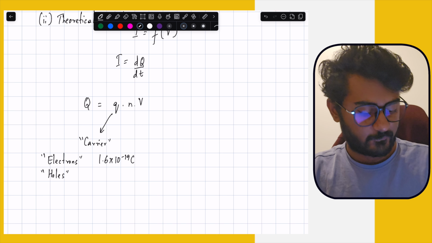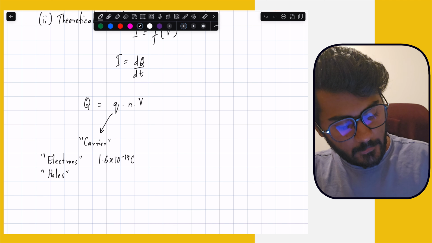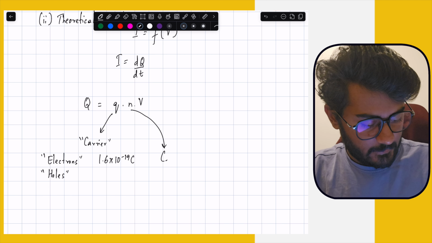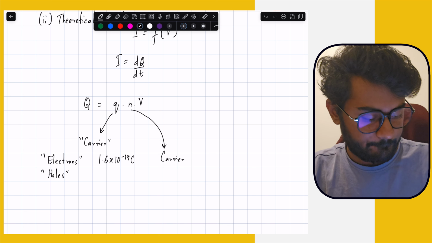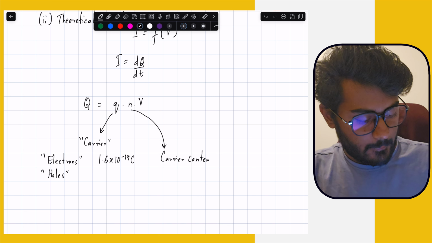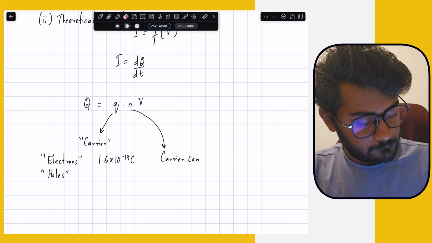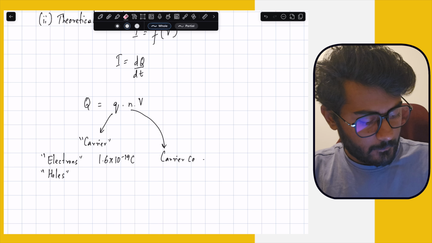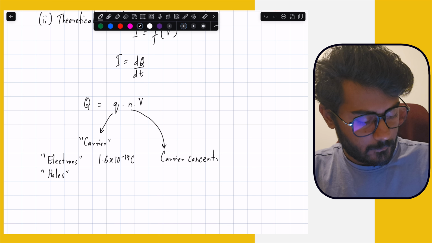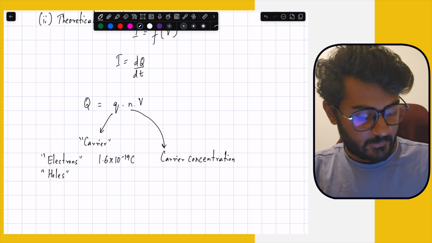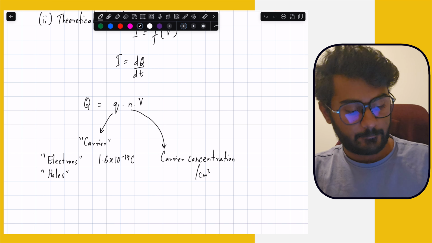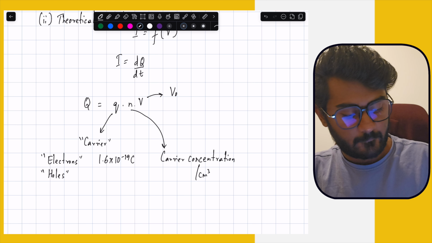That is the charge of your electron. N is your carrier concentration, given in terms of per cubic centimeter. V is your volume.